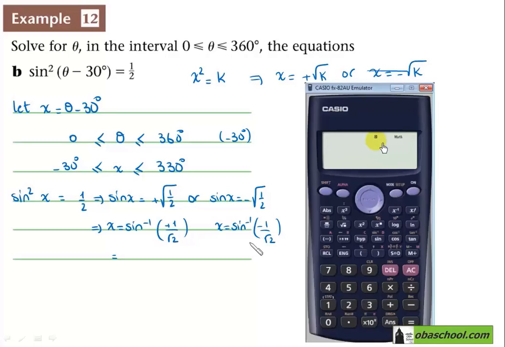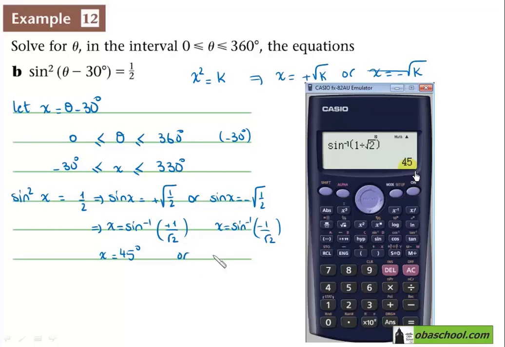Now we will use the calculator. Always be sure of the unit. Here it should be in degrees. Okay, so shift sine of plus 1 over square root of 2. The answer is 45 degrees, and this is the first value. 45 is within the range.